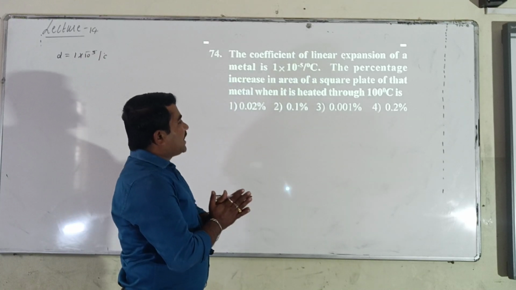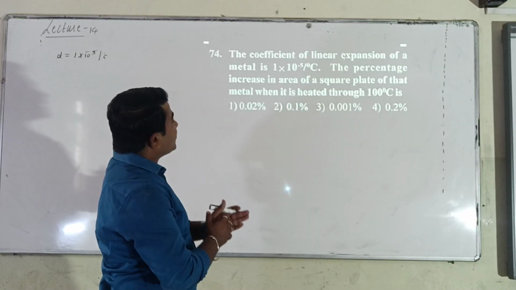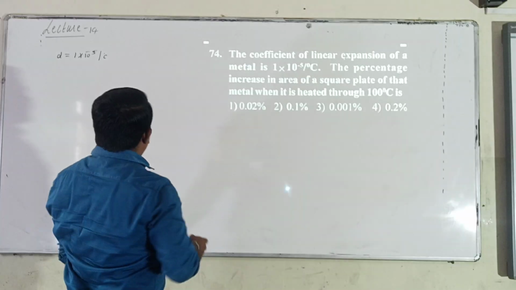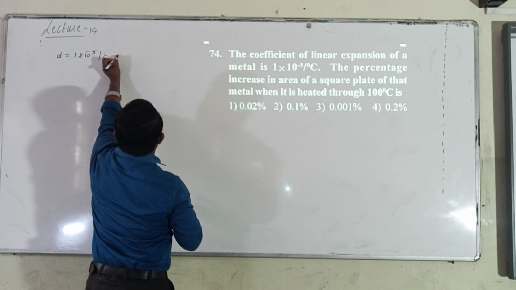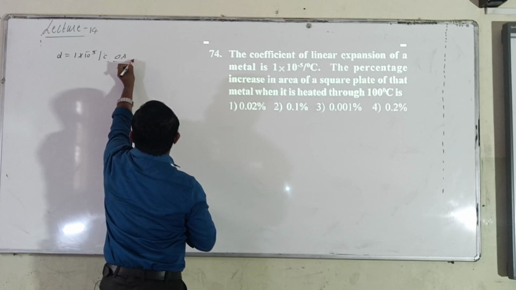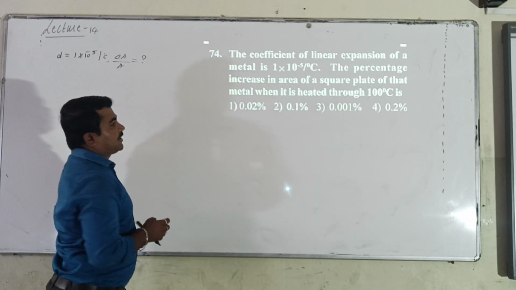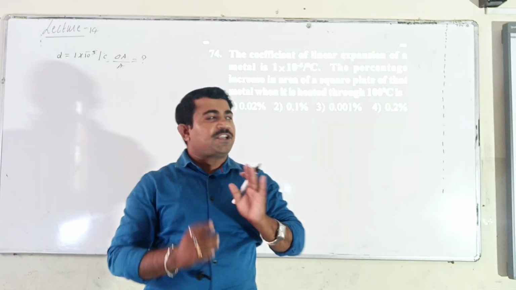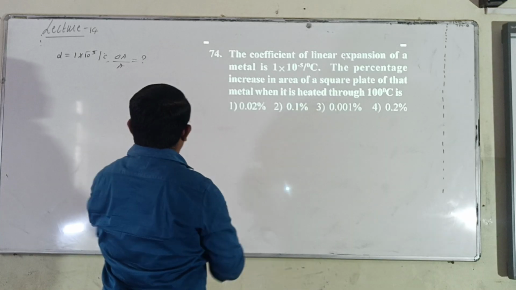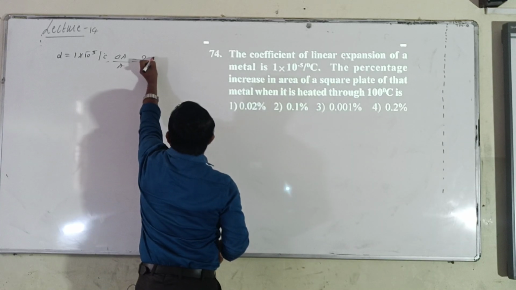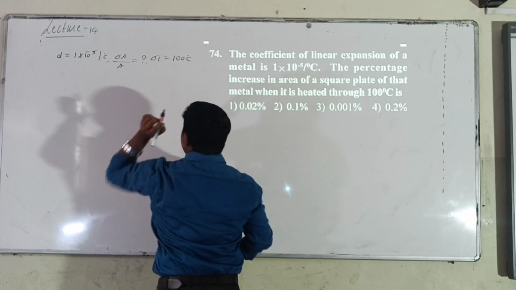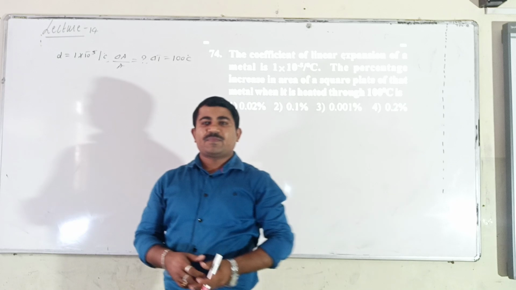I need the percentage increase in area of that metal, that is, the change in area divided by the original area, which we call the percentage change in area, when it is heated through 100 degrees Celsius.